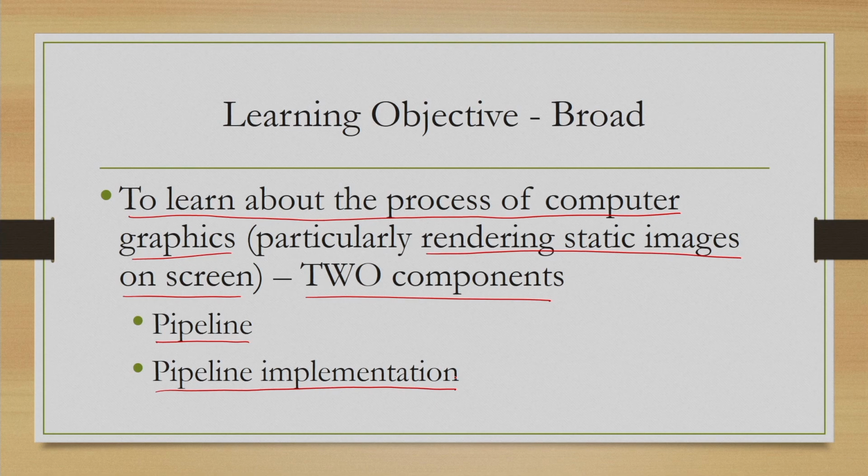So, essentially what we tried to learn is how an image is displayed on the screen, starting from object definition to final image synthesis and display, and it has two components. First one is how to create the image or synthesize the image.